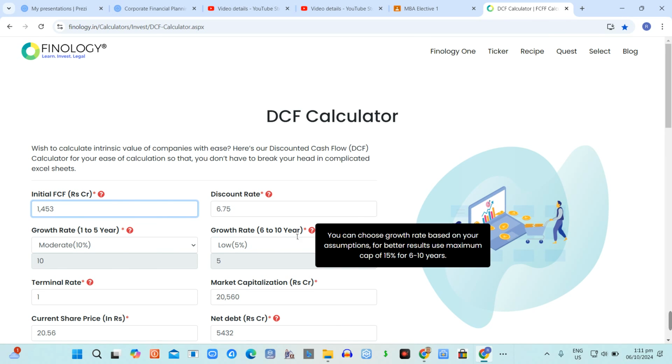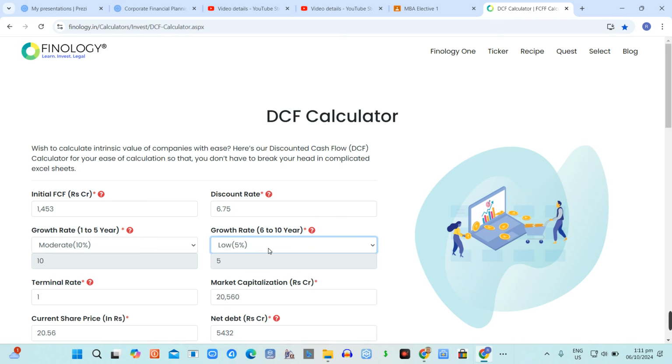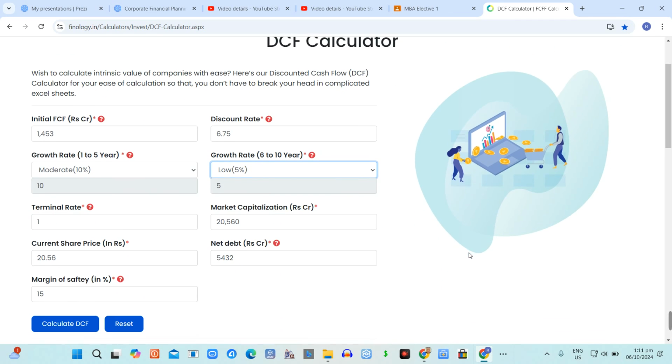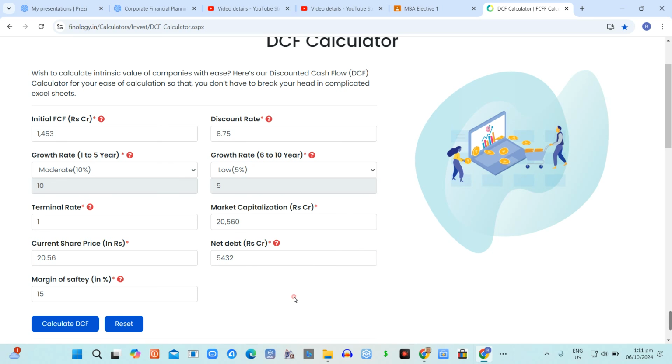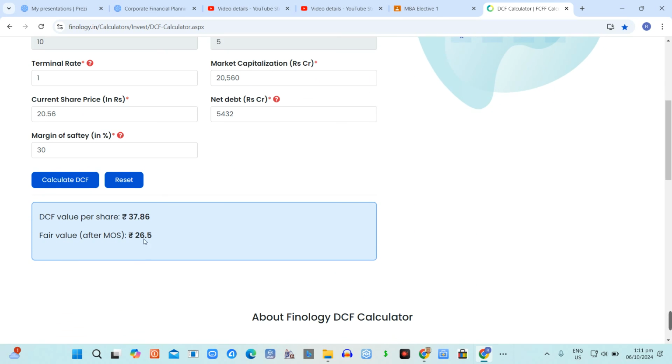And then for the growth rate of 6 to 10 years, make it low because you don't know what will happen in years 6 to 10. So it will make your calculation conservative. And then for the margin of safety, if you want, make it 30%, something like that. So see, your fair value now is only 26.50.